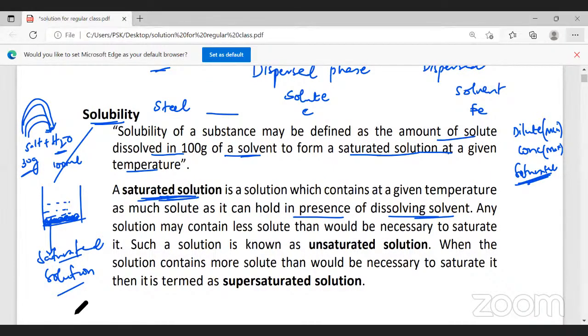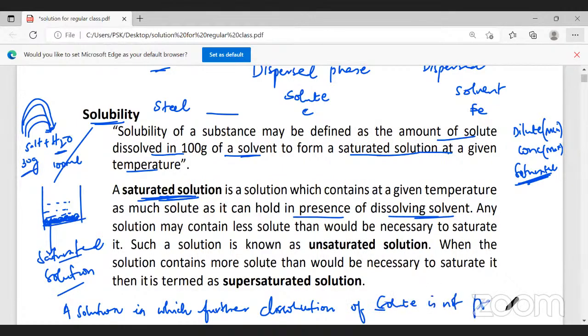I'll write here in simple terms: a solution in which further dissolution of solute is not possible.